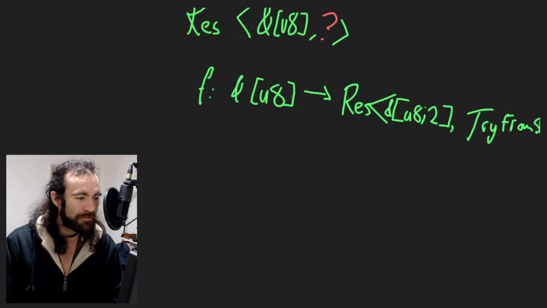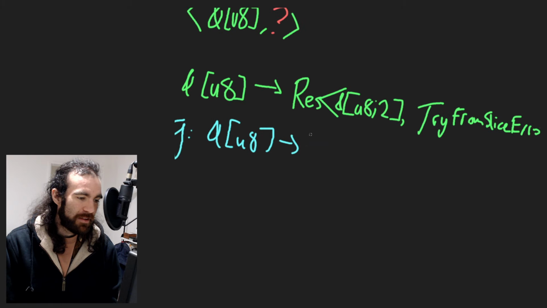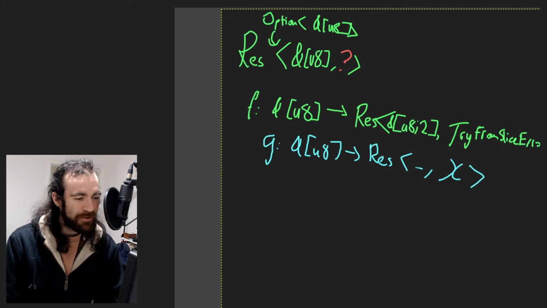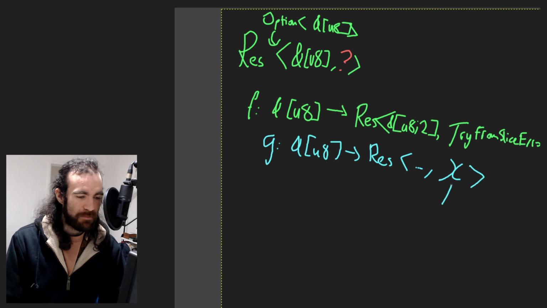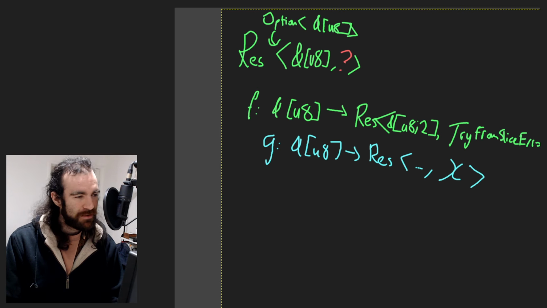Unless I somehow lift this up into another function g, which is going to take a slice of u8 and give us back a result of x, where x is some nicer type than a try from slice error, where I've wrapped this step up in something that maps the error type, a map error. But that's also awkward in a way. I guess it isn't too bad. Okay, actually, maybe that's what I do.